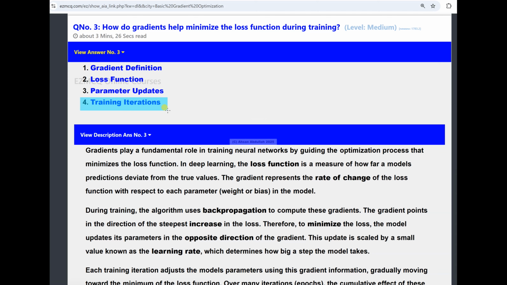They steadily decrease the loss function, and by virtue of this iterative optimization, that enables the model to learn from data and generalize well to unseen inputs. Okay, so that was just an addition to what was covered before.